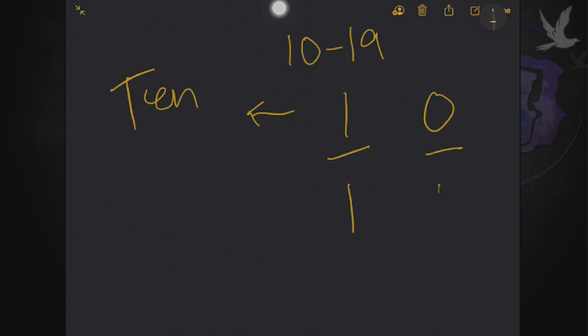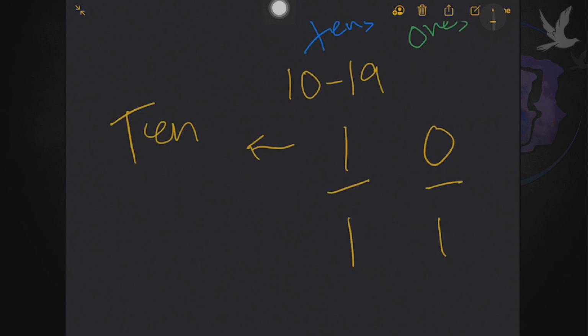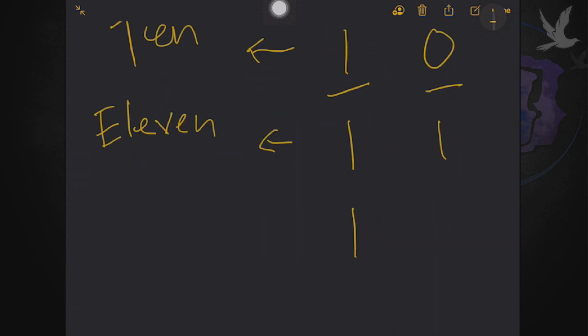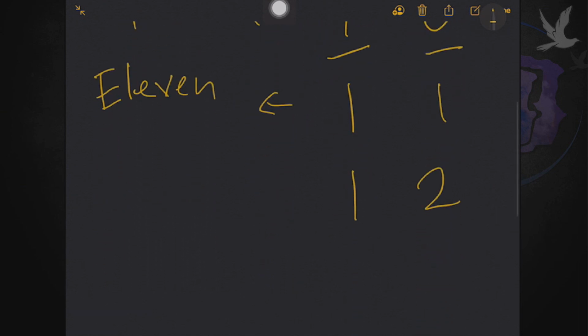11 is written this way. We have to separate them according to their place value. And this number is read as 11. The next number is 12. Then again, we have to follow the place value.